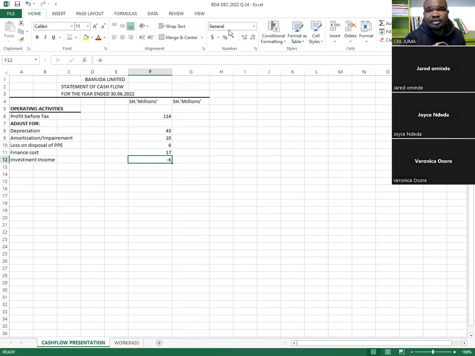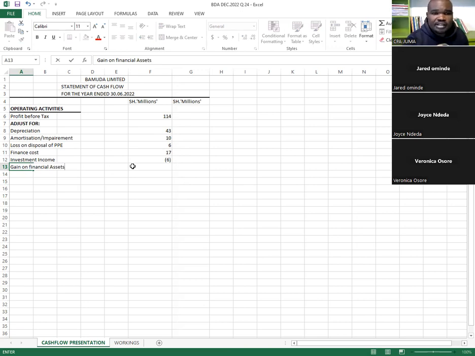Subtraction, you can use whichever form you want. Then after that, you go backwards: gain on financial assets at fair value. Again, we don't need it here. It's not an operating income. So gain on financial assets.